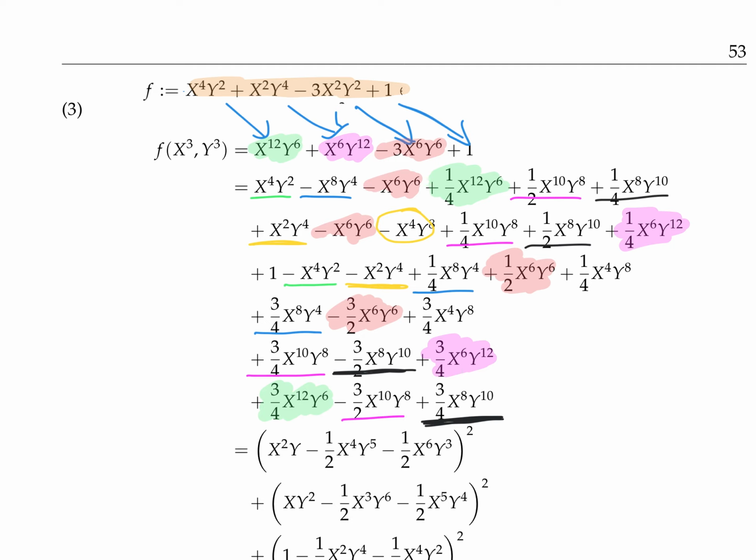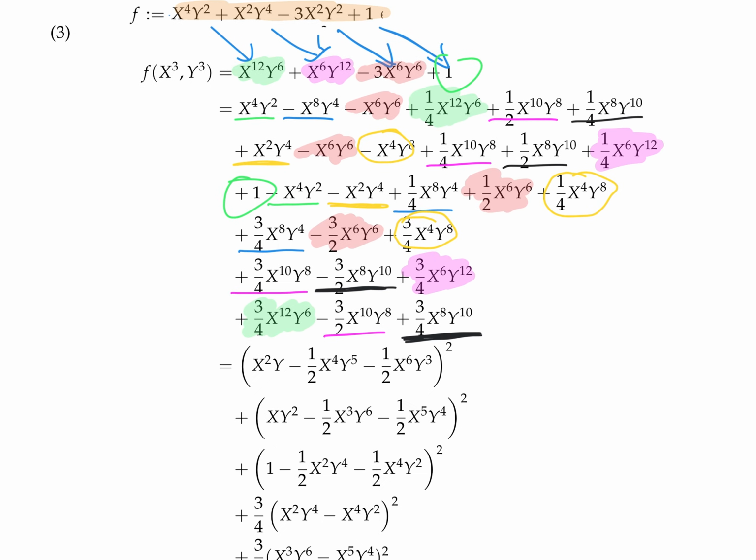So minus x to the 4, y to the 8, and then plus 1/4, and then plus 3/4. So that's okay. There is still one thing, there is v1 here, which is here, and that's all, I guess.